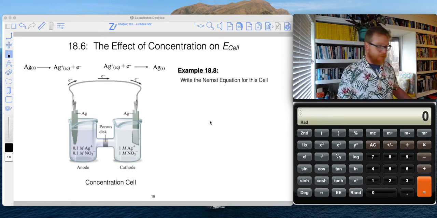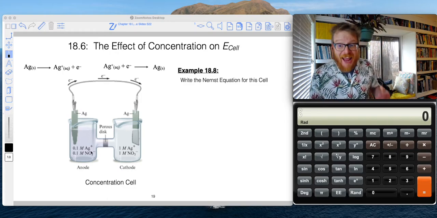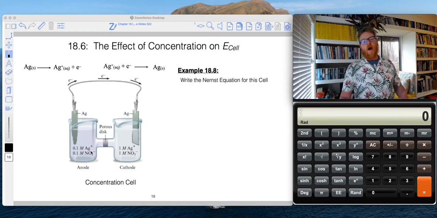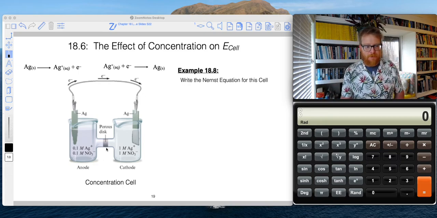Suppose we have this silver reaction going on at both the cathode and the anode. Well, if they were both at the same concentration, nothing would happen, okay?